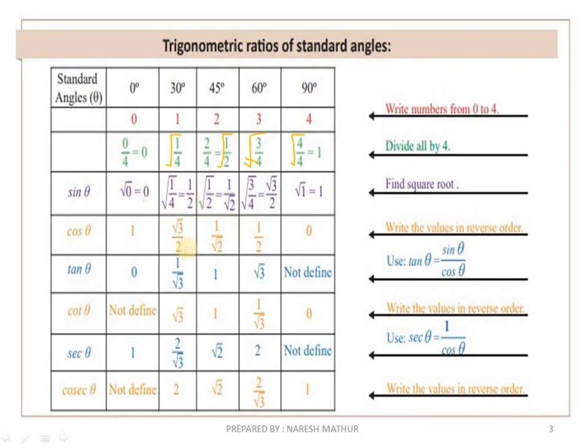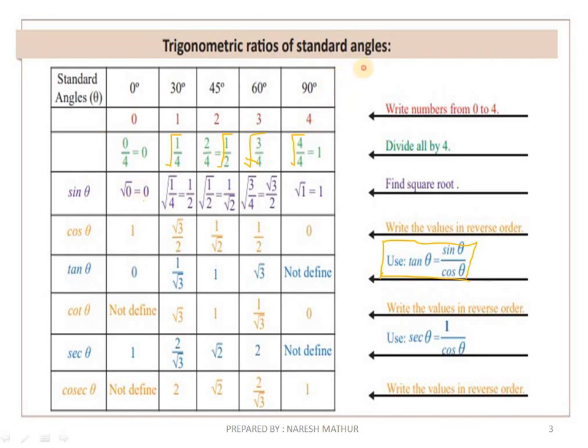Now for finding the value of tan theta, we will consider the formula tan theta equals sine by cos. This formula we discussed in the introductory part of this chapter. Now see, 0 upon 1 is 0.